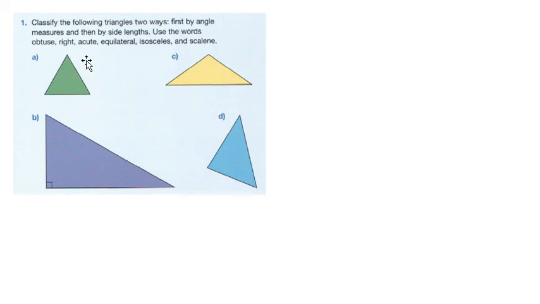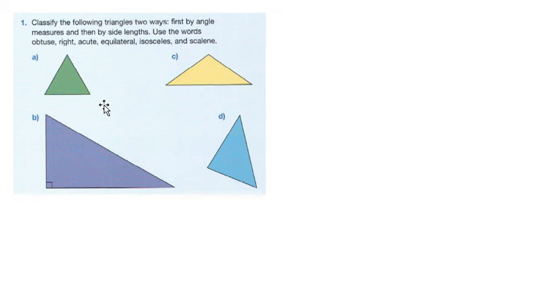If all the sides are the same, it means all of the angles must be the same. So because all of the angles are less than 90 degrees, we can tell that visually, it must be an acute triangle. So if we're going to classify by angle measurement, it's an acute triangle. If we're going to classify by side lengths, it is equilateral.